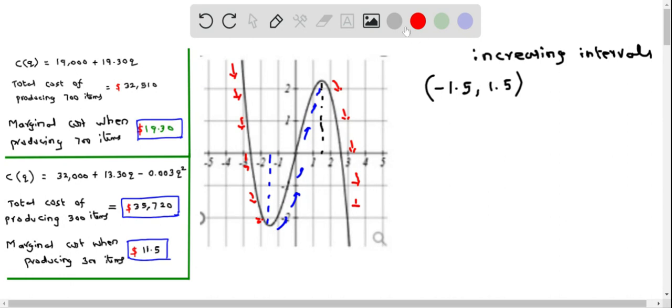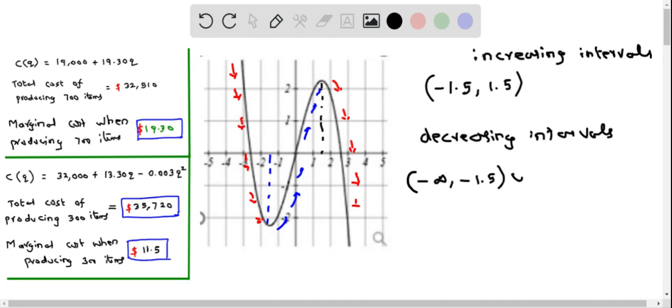So therefore, we say that the decreasing intervals are from negative infinity to negative 1.5 union 1.5 to positive infinity. So we have determined the increasing and decreasing intervals.